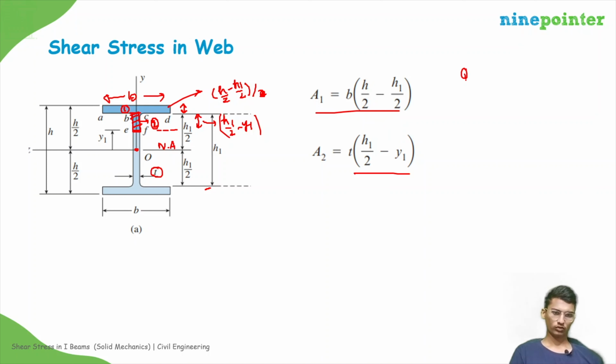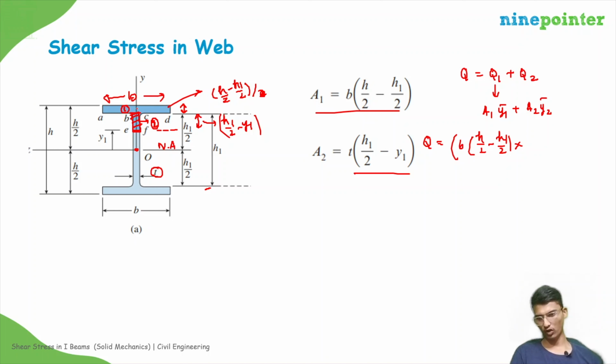So Q will be equal to Q1 plus Q2, right? So this will be A1 Y1 dash, this will be A2 Y2 dash. So Q will be equal to A1, which is B into (H by 2 minus H1 by 2), right? And Y1 dash, that will be the distance of the centroid of this area from the neutral axis. So that will be at a distance H1 by 2 plus (H by 2 minus H1 by 2) divided by 2, okay?